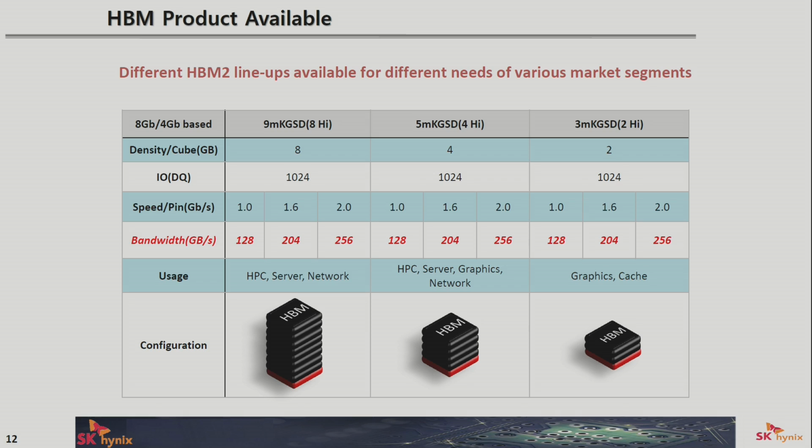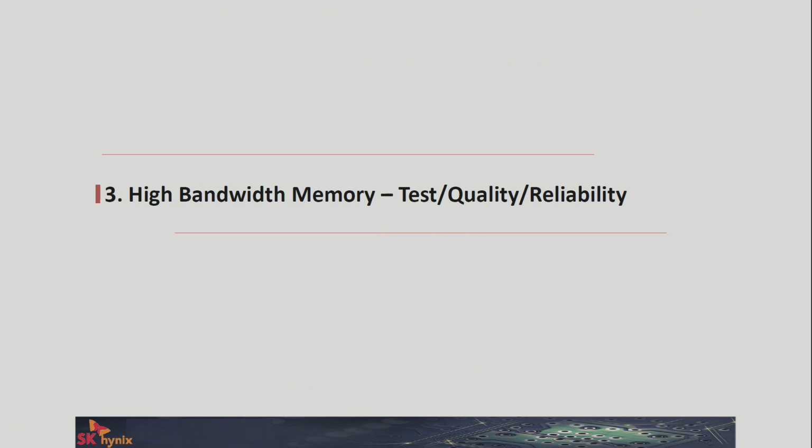So in systems where a vendor would need a certain level of flexibility in their SKU, for example, they can adopt a 2-high, 2 gigabyte version, or in a higher-performance SKU, they can use a higher-density 8 gigabyte solution. So this is very attractive for customers adopting HBM technology.